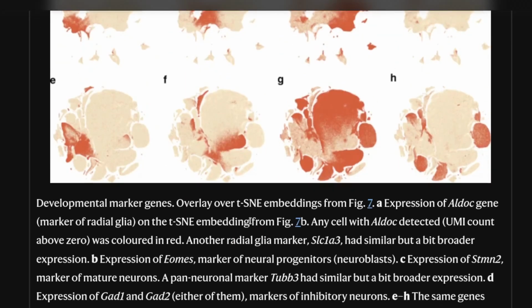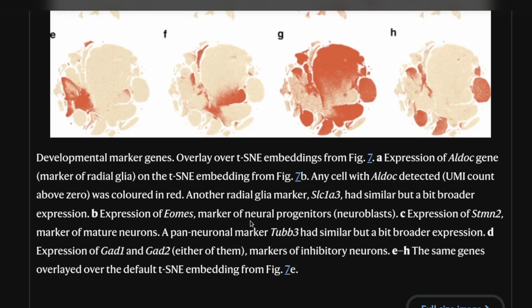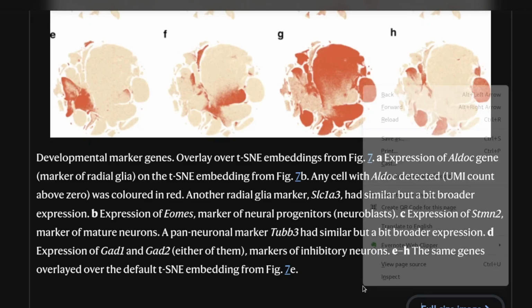Figure 8. Developmental marker genes. Overlay over t-SNE embeddings from Figure 7. A. Expression of ALDOC gene, marker of radioglia, on the t-SNE embedding from Figure 7b. Any cell with ALDOC detected, UMI count above 0, was colored in red. Another radioglia marker, SLC1A3, had similar but a bit broader expression.